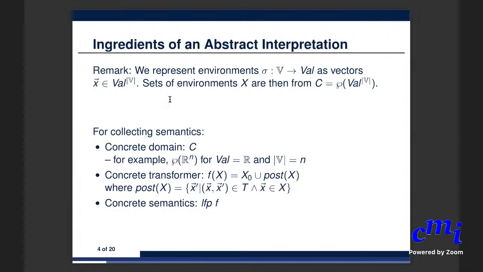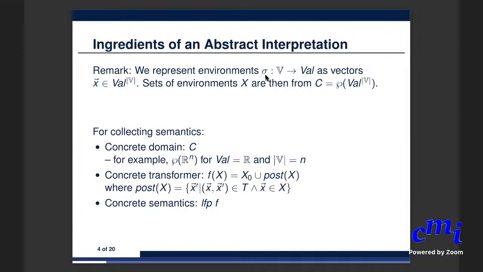So sigma will take the first component. Yeah, you're right. Yes, correct. So the set of states will be some subset of the product of all the domains, which is R to the n.